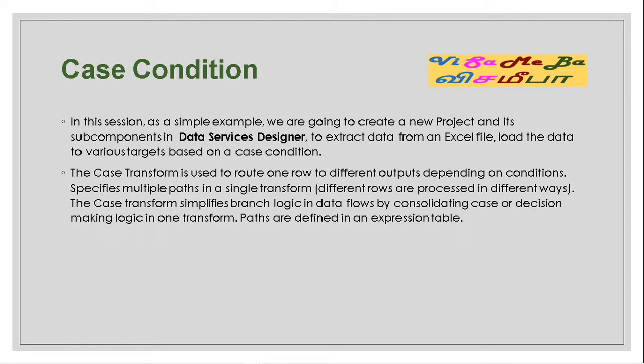It specifies multiple paths in a single transform. Different rows are processed in different ways. The case transform simplifies branch logic in data flows by consolidating case or decision-making logic in one transform. Paths are defined in an expression table.